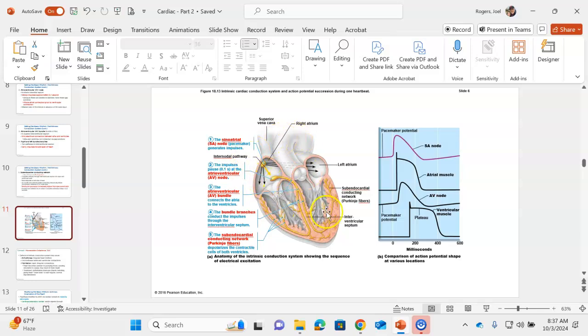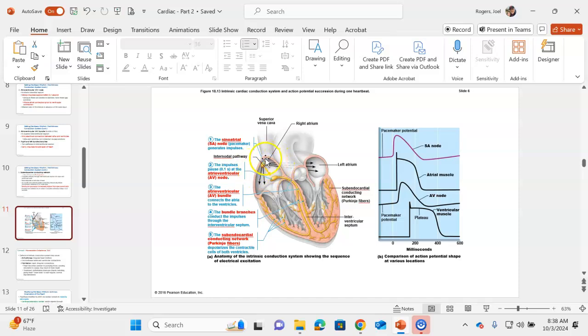Now, 3 of these 5 areas are actually capable of determining the heart rate. We already know that the SA node is the chief one that depolarizes at the fastest rate. So that's why it's called our pacemaker. It's the body's natural pacemaker. Now, if the SA node does not work enough or work properly, the AV node could actually generate the heart rate, but at a slower rate.